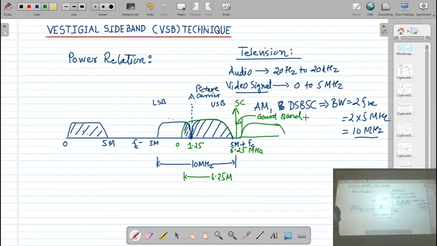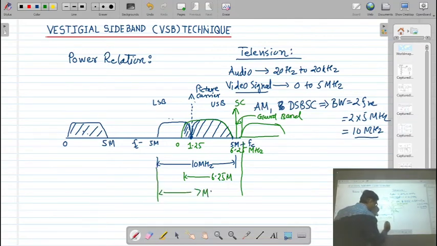Because there should not be any interference between the two channels. In this guard band, there will not be any kind of transmission. The guard band is always required in a TV transmission. So ultimately, if we consider the sound carrier frequency and the guard band, then this bandwidth comes out to be 7 megahertz.